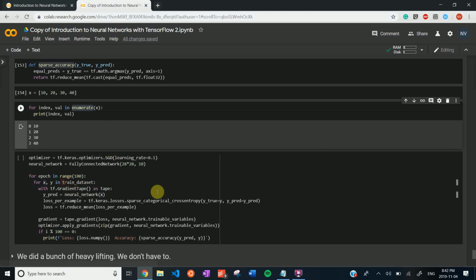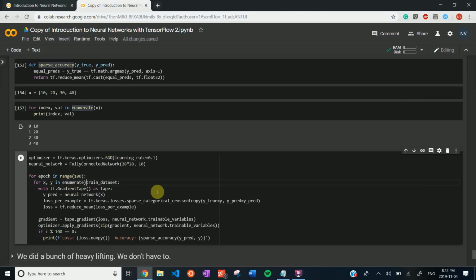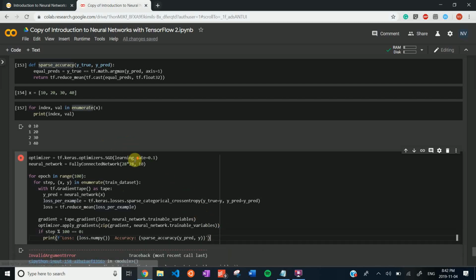So anyway, I'm going to do exactly that right here, where we enumerate over the data set. And so this way we also have access to the step. And we are going to use this step because we're only going to print every 100 steps, and so let's do that. Oh no, it doesn't work.